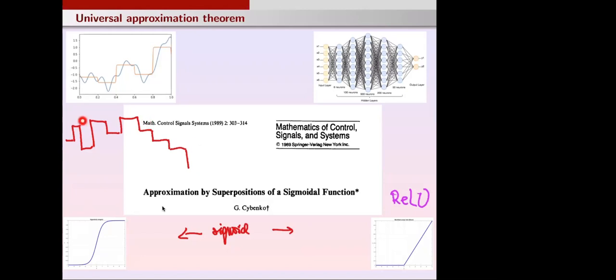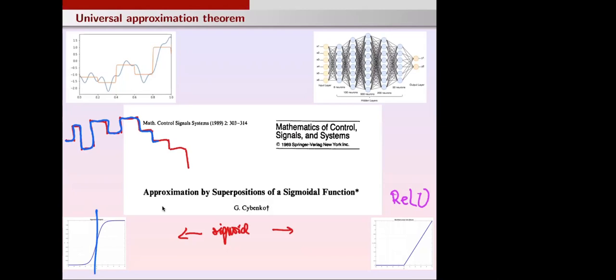If you replace the characteristic functions in here by sigmoids, what you are doing is replacing these sharp transitions by smoother transitions. Of course, in order to make the transitions sufficiently sharp, you also need to scale the space variable.